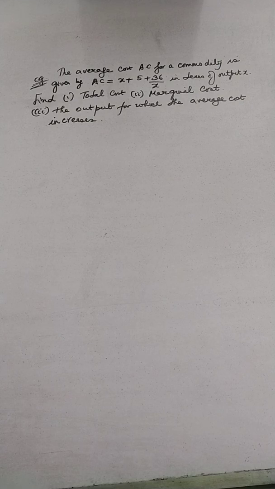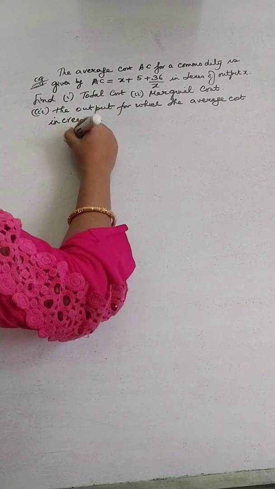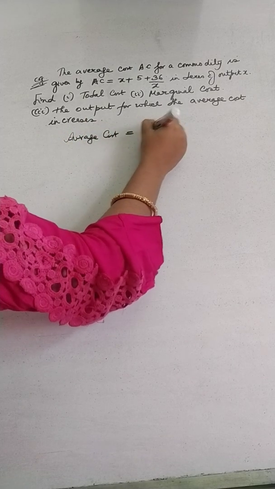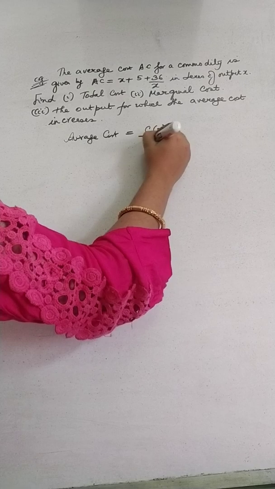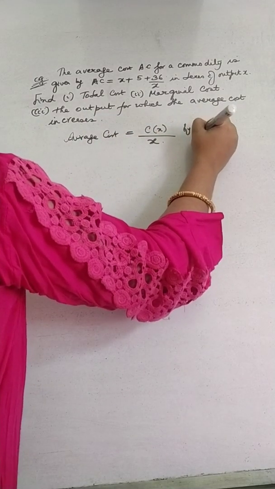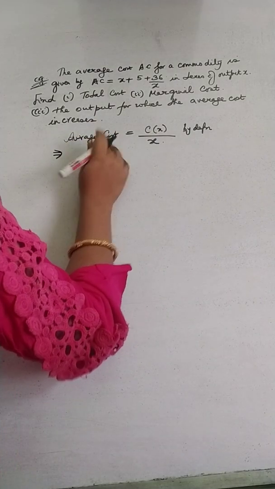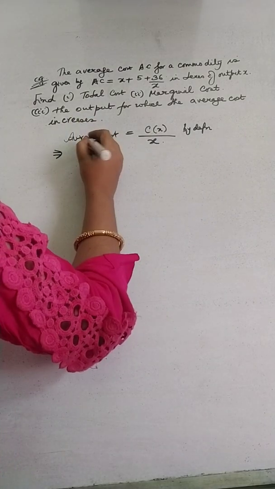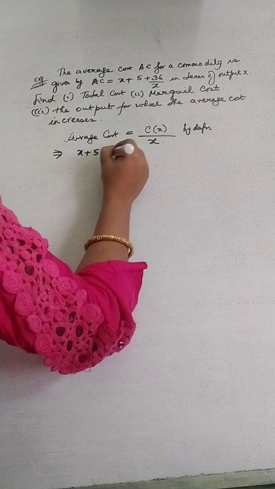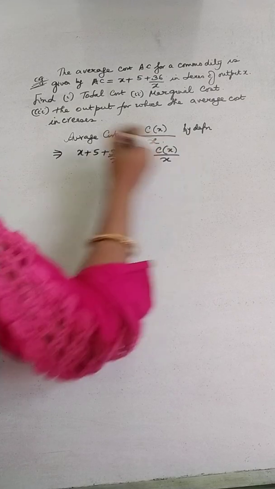Now we begin. We know average cost is given by total cost by number of units. This is known to us by definition of average cost. So the average cost, I'll put the value, x plus 5 plus 36 by x, is equal to C(x) by x, because this is what is given.